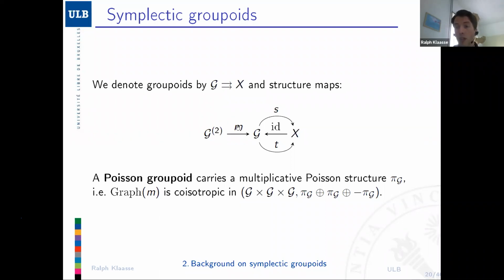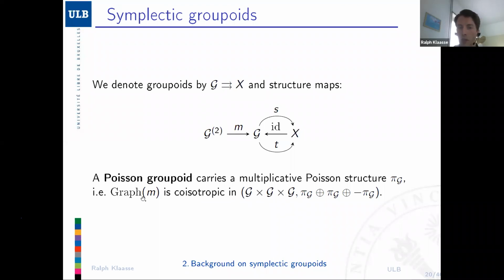You can then put a geometric structure on the object, which needs to, of course, be compatible with the groupoid structure. One way to write it is, it's just a Poisson bivector on the manifold G. And it being compatible with what's going on on G, with this S and T and stuff, is one way to write it, is saying that the graph of the multiplication is a coisotropic submanifold in this product of three guys.